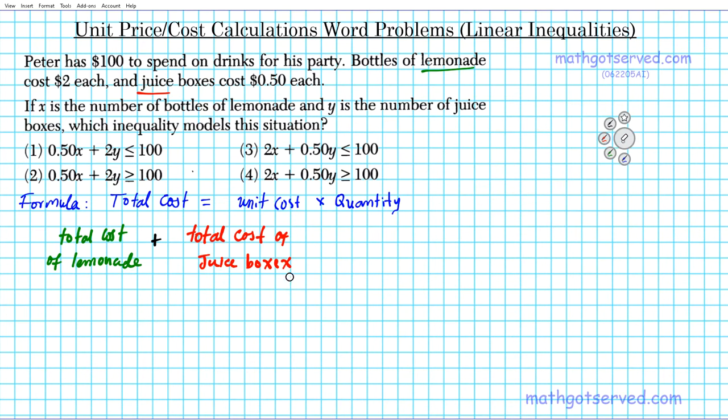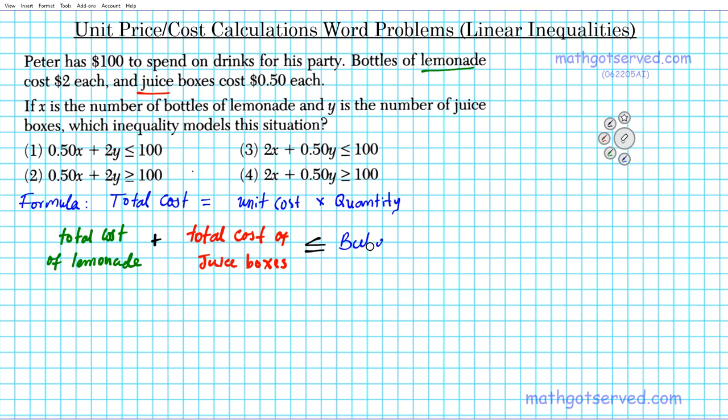Whatever budget we are allocated to spend on these two items, it has to be no bigger than the budget. So what's the appropriate inequality to use here? It's going to be less than or equal to, so it has to be less than or equal to the budget. And the budget is the boundary.